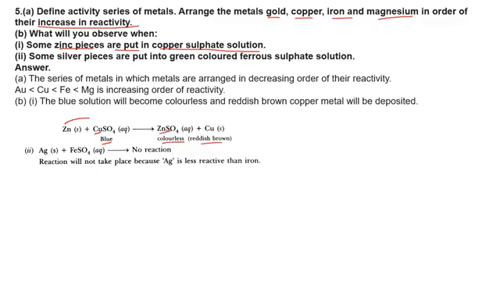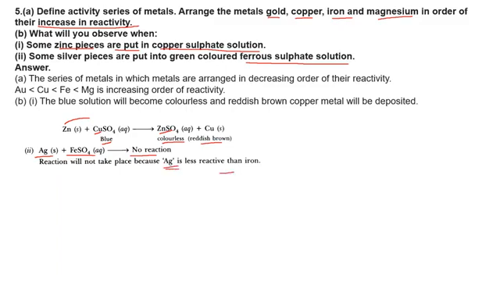Some silver pieces are put into green colored ferrous sulfate solution. We know the activity series, so we know that silver is less reactive than iron. So silver won't be able to replace iron from its salt. Here we can see the reaction: silver and iron sulfate, no reaction, because silver is less reactive than iron, right?